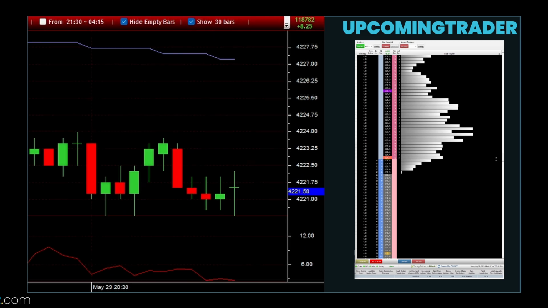The rising wedge and falling wedge are also important chart patterns. A rising wedge forms when the price makes higher highs and higher lows, but the range is getting tighter, indicating a potential bearish reversal.